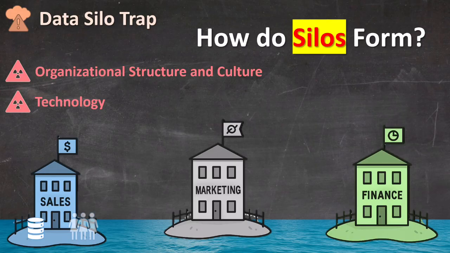You've got valuable information locked up in each team's favorite tools, like fortresses of information that don't talk to each other. It's a classic trap. As the company grows and collects more data, these silos become more entrenched. Everyone is doing their own thing, which works day to day, until you need a combined view or cross-team insight. Then the silo setup becomes a big obstacle.